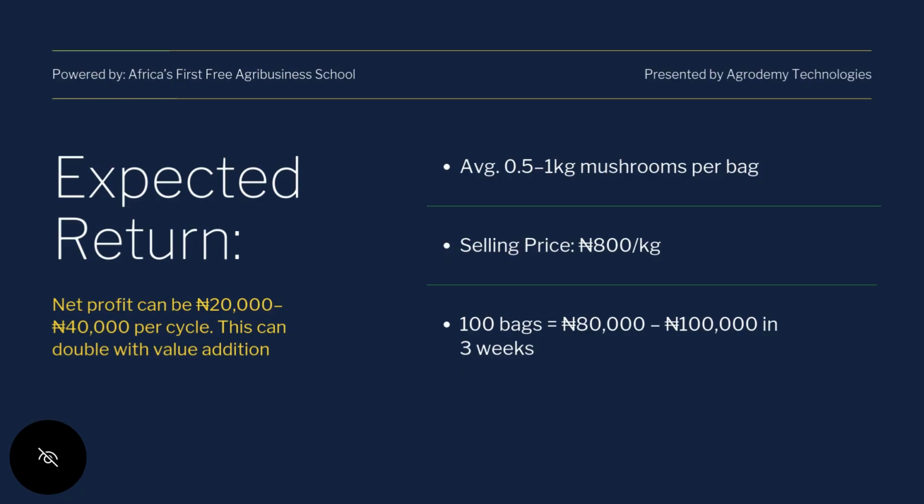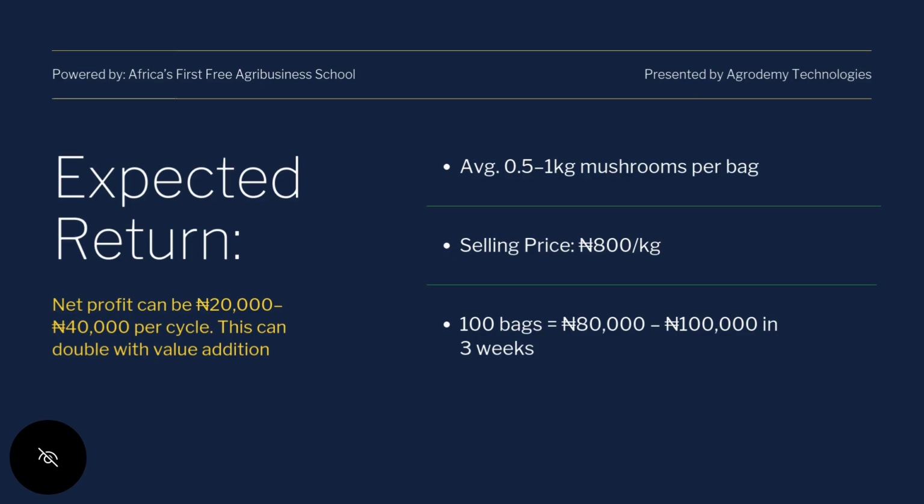Your return then should be, if you're spending 60,000 and you make an average of 1 kg of mushroom per bag, your selling price should be 800 naira per kg, so that your 100 bags give you 80 to 100,000 in 3 weeks, right?